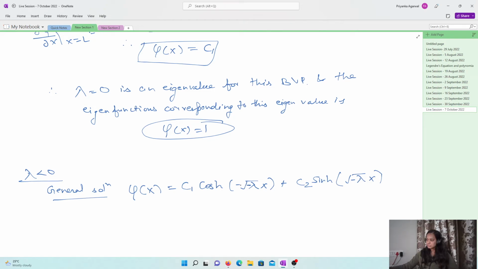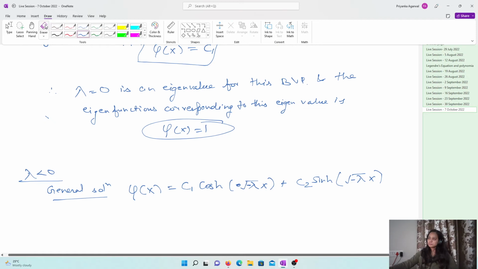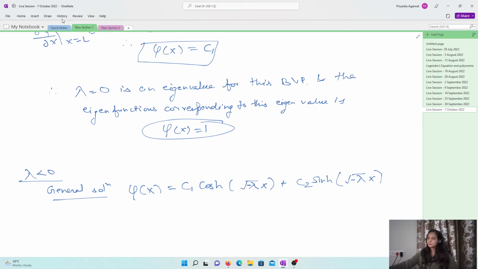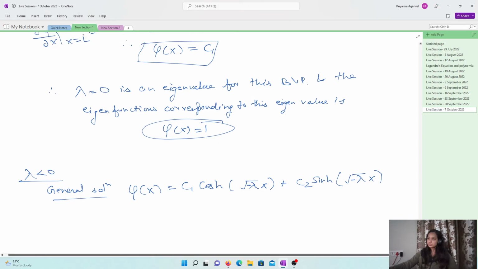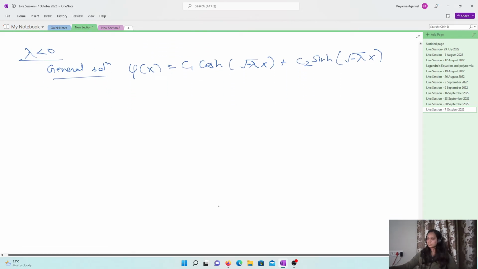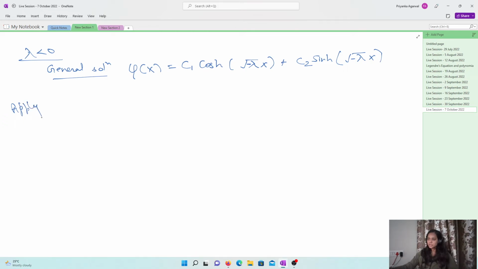This is clear. Clear? Now apply boundary conditions.